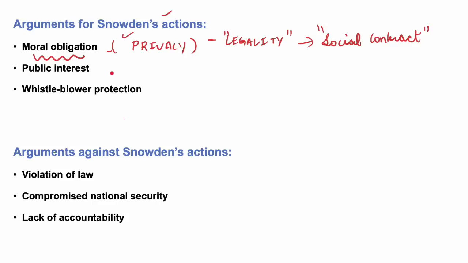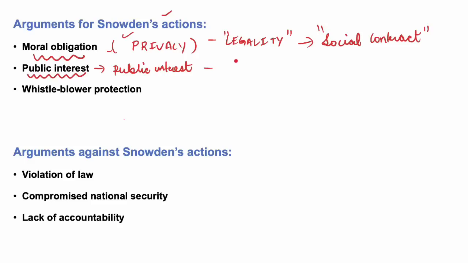The second point that can be given regarding supporting the action of Edward Snowden is the issue of public interest. Now, the action taken by Snowden was in the public interest at large, as he exposed the government surveillance programs which are a threat to privacy as well as other civil liberties.